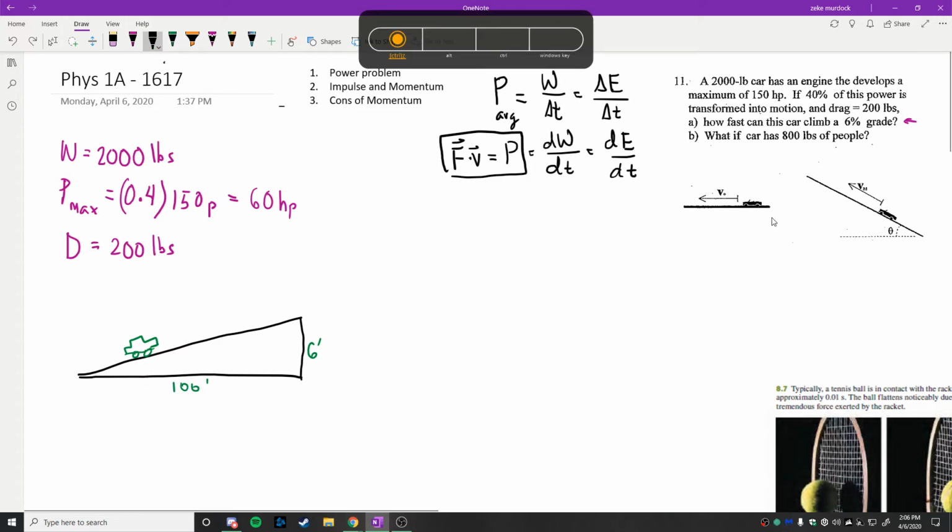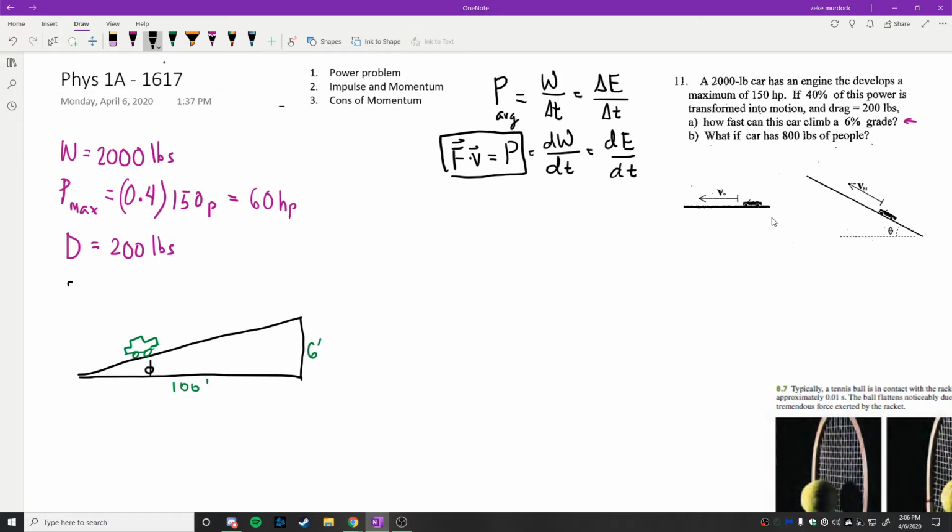You can find the angle right here, which if we call this angle phi, for example, then phi is going to be equal to the arctan of 6 over 100. Let's get this calculator up so we can use it.